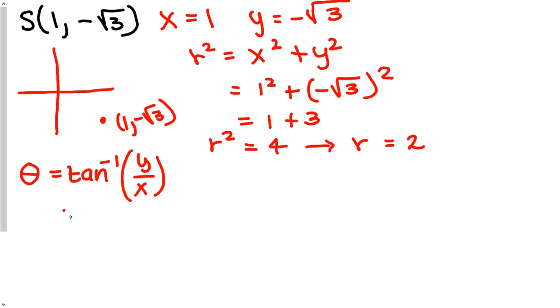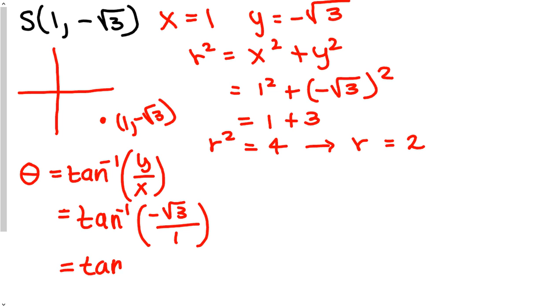So let's plug into our formula. We have tangent inverse of y, which is negative square root 3, over x, which is 1. Simplifying that, we get tan inverse of negative square root 3.